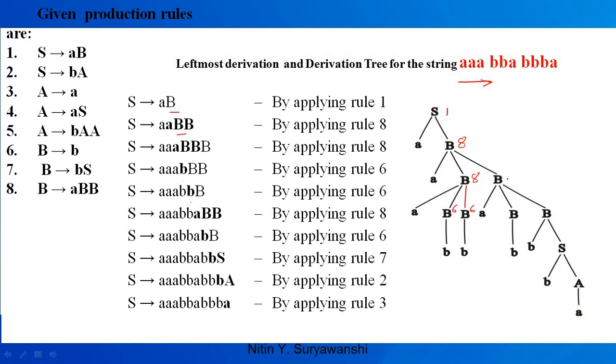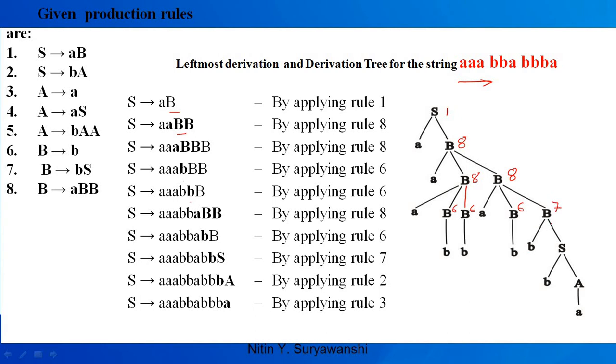Then again this is a 6. Then again this one is the next B, so apply here rule number 8. So that's B gives small a capital B. Then again here apply rule number 6 by replacing this one. Then here again apply rule number 7.